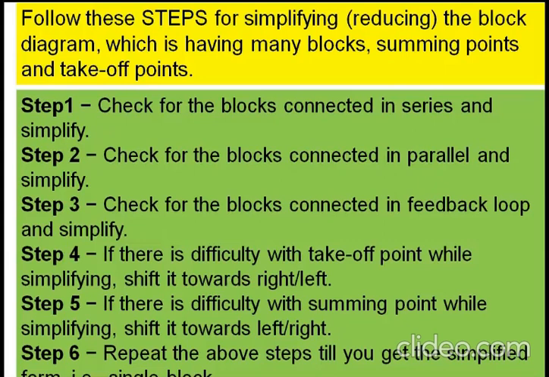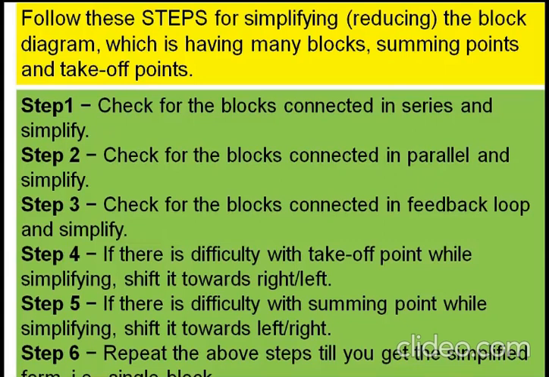Even if you won't find the blocks in series or parallel, then go for searching the blocks which are connected in feedback. If you won't find any of the above three, then your problem will get stuck and can't be reduced into a single block.